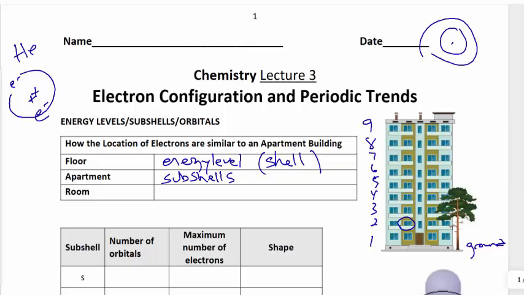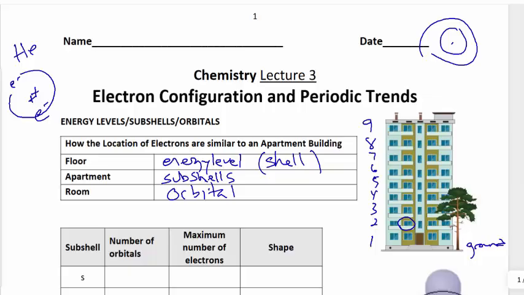And then within the apartment, you have rooms. So maybe you live in a one-room studio apartment, or maybe you live in an apartment that has 2 bedrooms and a living room space, so there's 3 rooms. And the word that we use in chemistry for the place in the atom where the electron is, that's similar to the room, is called an orbital.